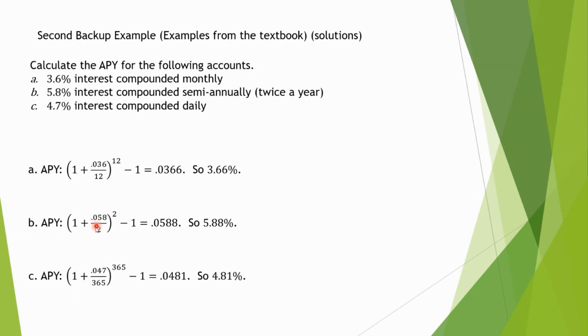Here it's the same idea, 1 plus this over 2, squared, twice a year, so n is 2. Of course, your R is different, so we get about 5.88%. And this is daily, over here, with 4.7%. But I'm pretty sure the APR will always be less than the APY. I'm pretty confident that's always going to happen.